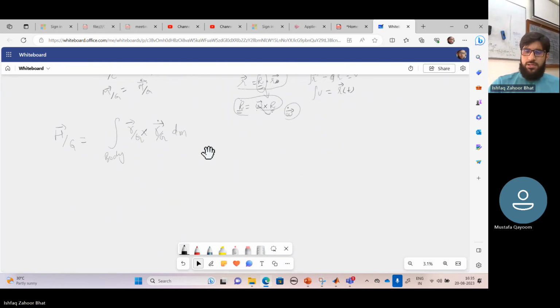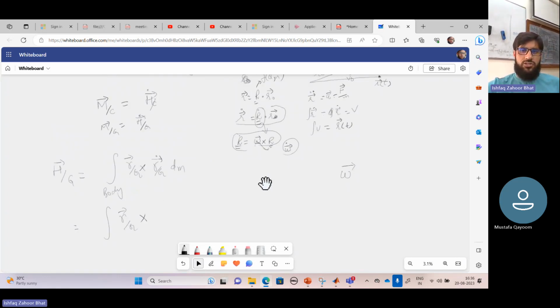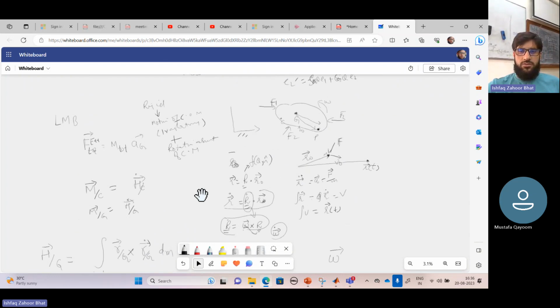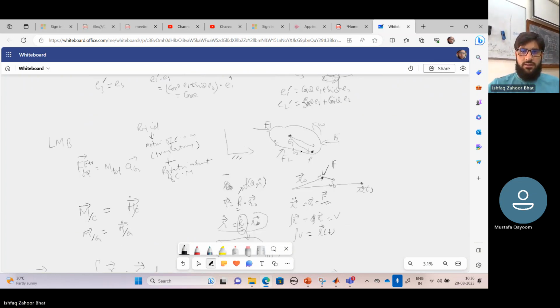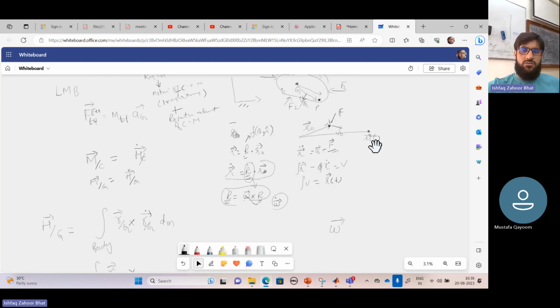And so what will this be equal to? This will be equal to R with respect to center of mass cross, what is this R with respect to G dot? The body is rotating about the center of mass with some omega, which we don't know. And this vector R with respect to G is also rotating, so it will change. What is that change equal to?